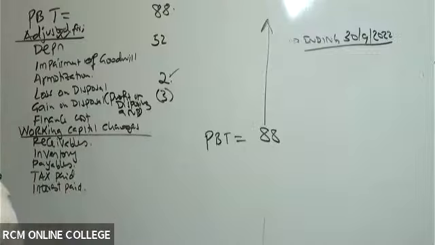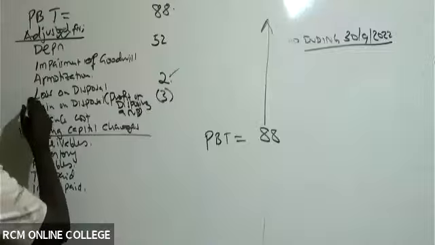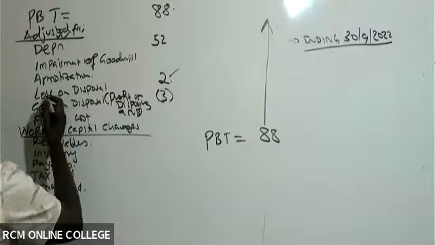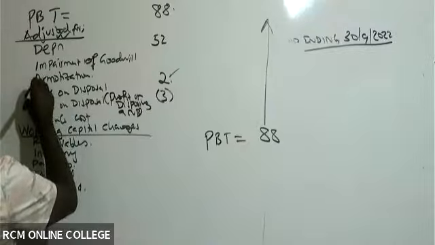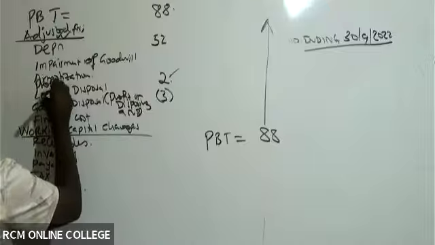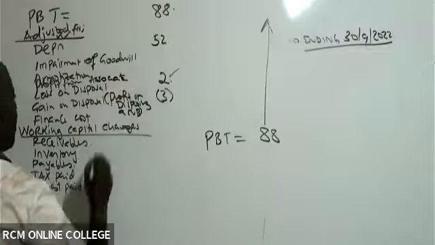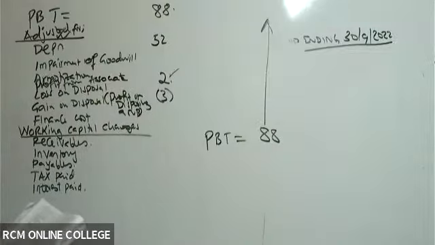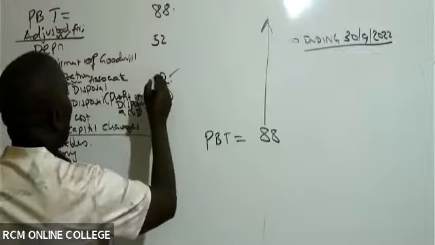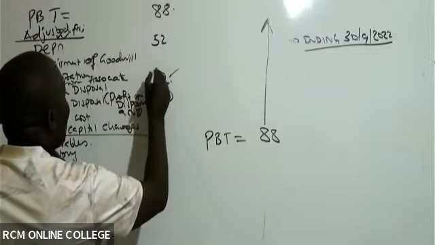Now, as I squeeze this, I can come and talk about profit from associate. How much are they giving us there? 21.